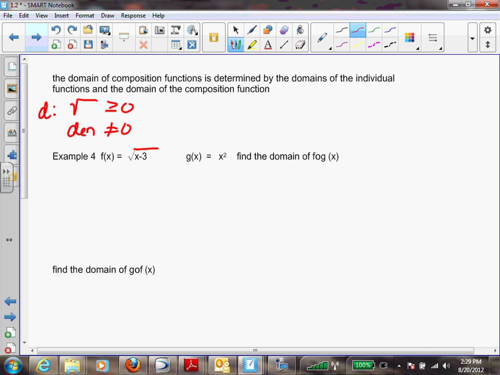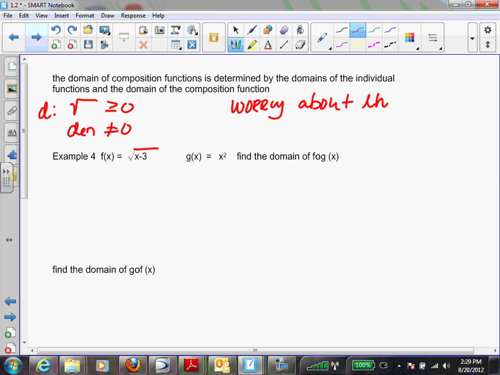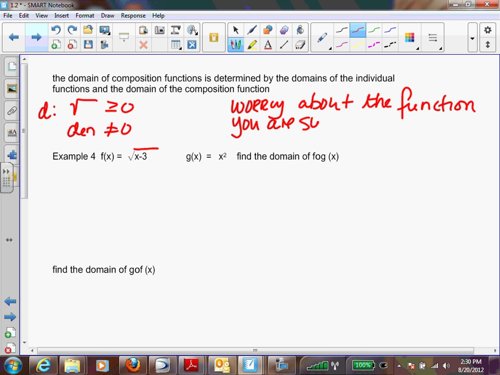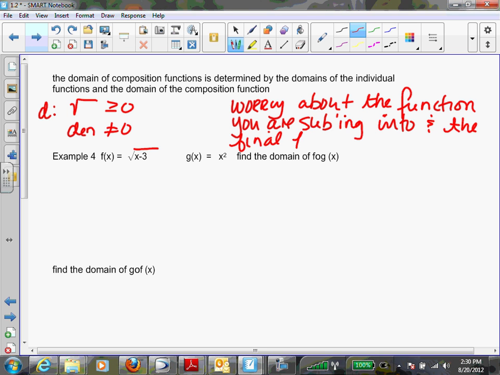So when you're doing compositions, you worry about the function you are substituting into and you worry about the final function. And I'll tell you what I'm talking about.